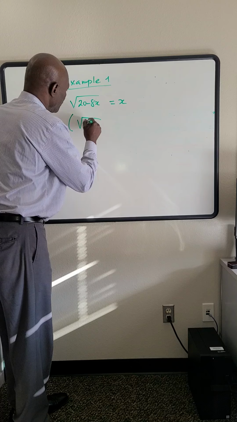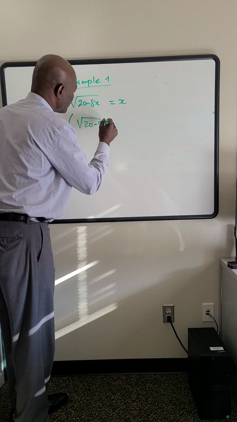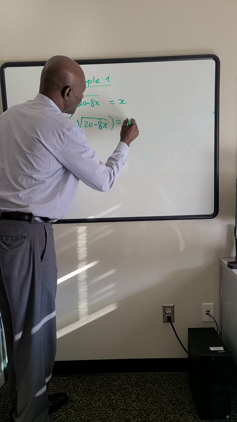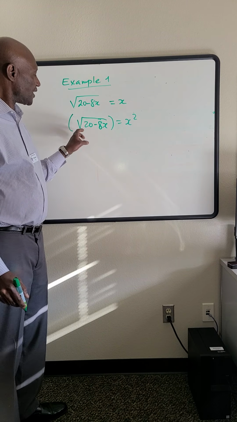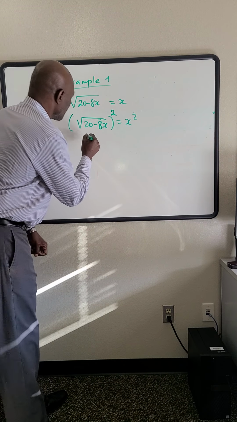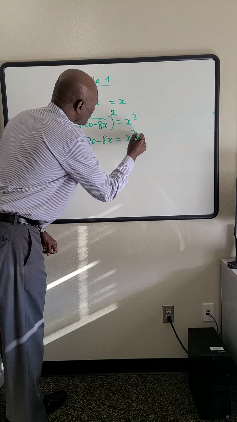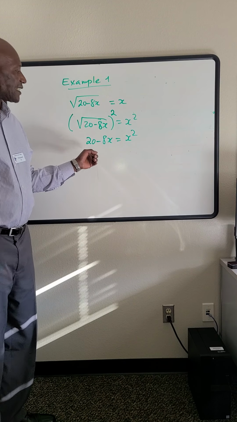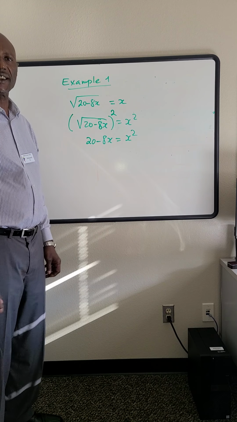So radical of 20 minus 8x equal to x squared. Once you square it, the radical is going to go away, so it's going to be just 20 minus 8x equal to x squared. Now, as we see, it is transformed into a quadratic equation.